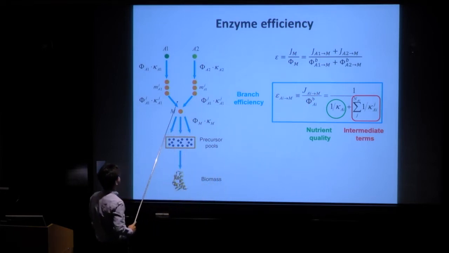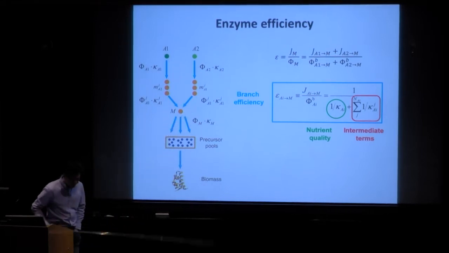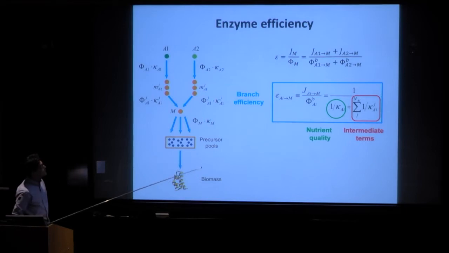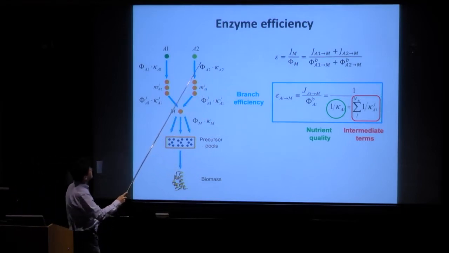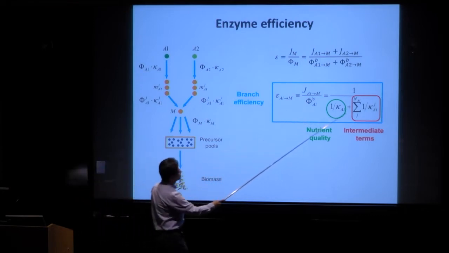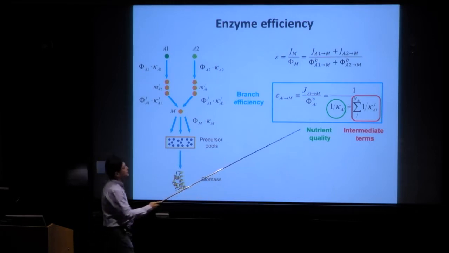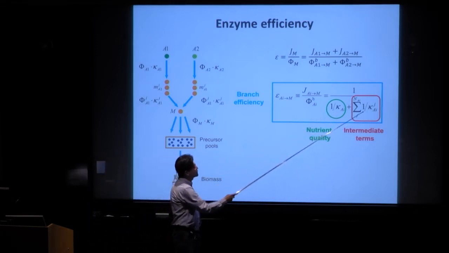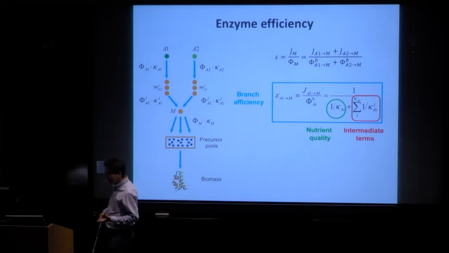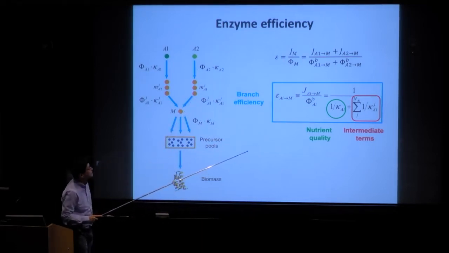So that's the efficiency to deliver these carbon sources to this metabolite, okay? And then you can calculate each branch, the efficiency, namely the flux in this branch divided by the cost of enzymes in this branch. And this can be calculated just by Michaelis-Menten formula. And all these constants are the Km and Kcats of all these intermediate enzymes, okay?